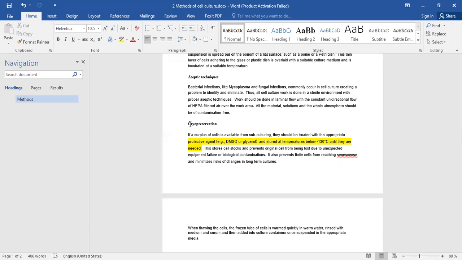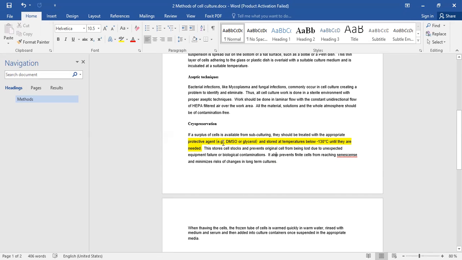But as we know, in low temperature conditions the cells can be damaged. To escape the problem of cell damage, we need some specific techniques.